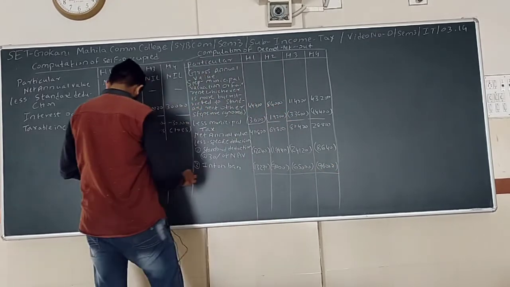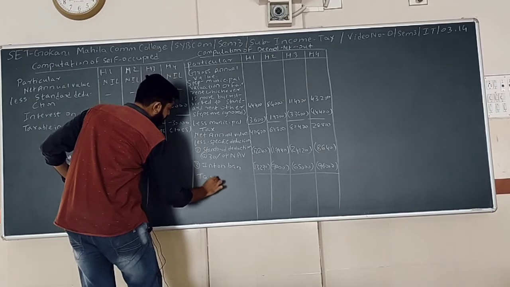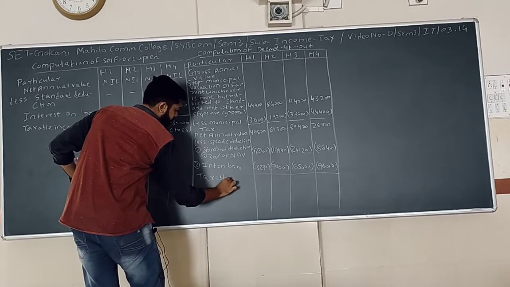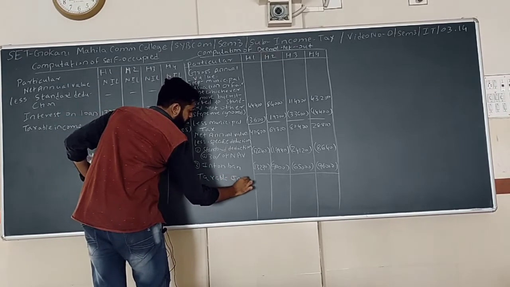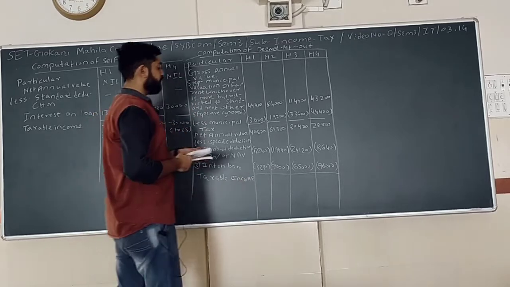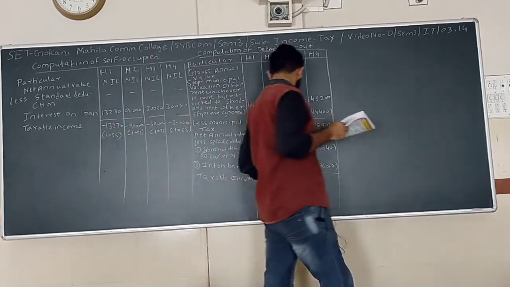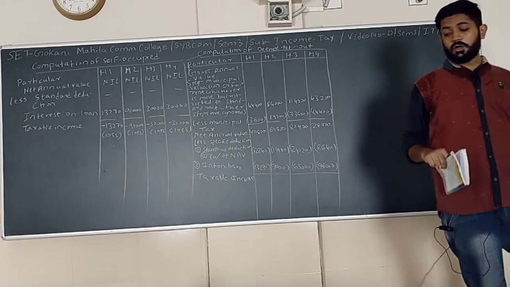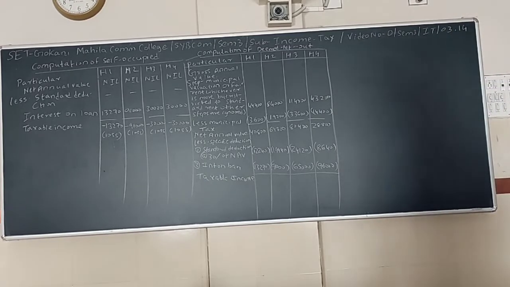So at last we will get the taxable income from this part. From 40,800 deduct 12,240 and 30,270. Find out all the 4 steps for all the houses.